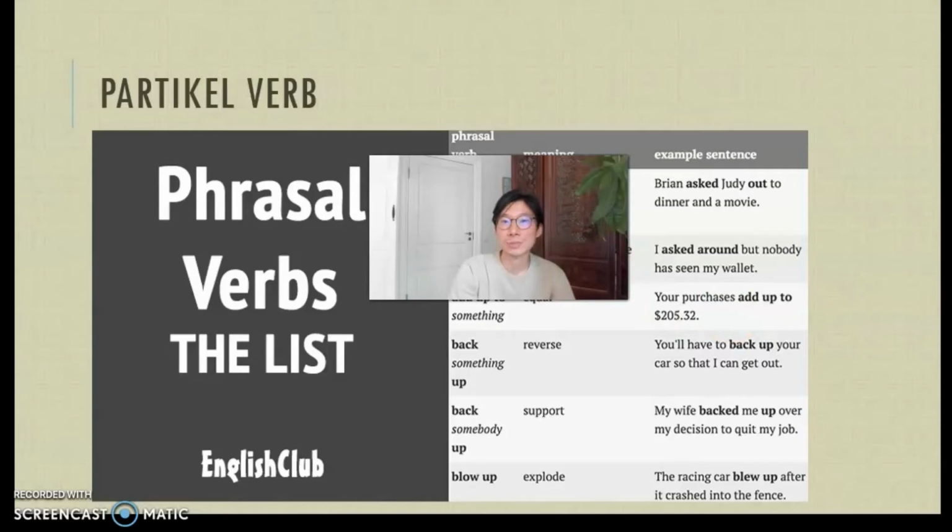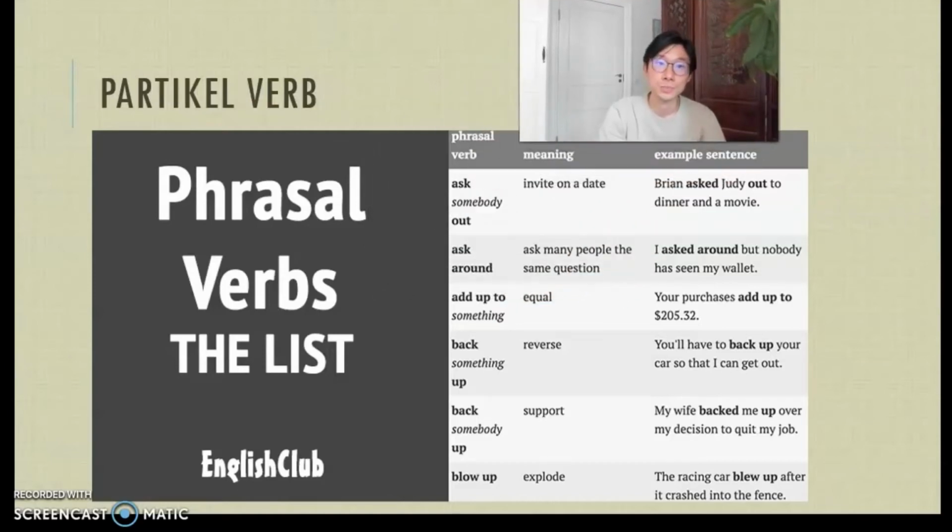We can start by repeating what it is in English to try to understand how we should learn them in Swedish. So phrasal verbs in English are, for example, ask somebody out, ask around, add up to, back up, back somebody up, blow up.